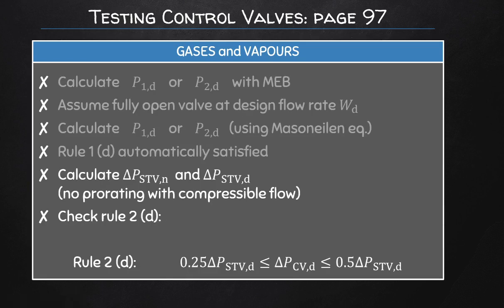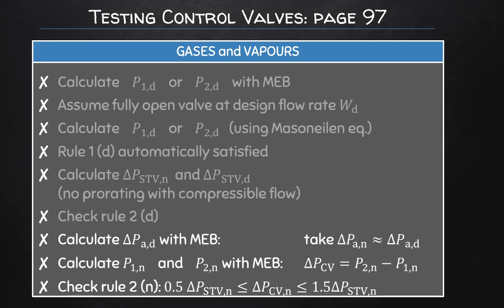Okay, so then next calculate the pressure that is being delivered by the fluid mover. Okay, so it's not a drop, it's a delivery by the fluid mover using the mechanical energy balance, and then determine the normal pressure drop that exists across the control valve as such, and then you can check rule 2n will hold.